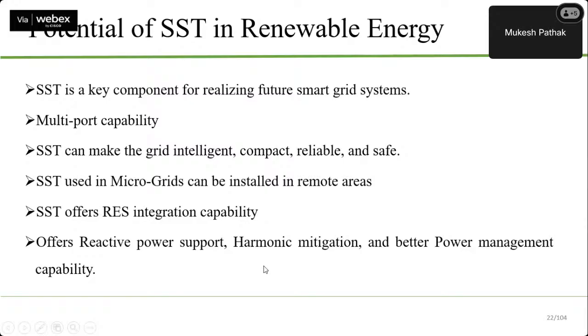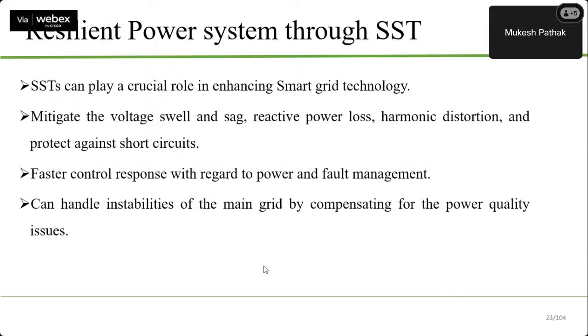Harmonic mitigation: because of power electronic systems, you can mitigate not only the harmonics present in the load supplied by the SST, but you can also mitigate the other harmonics present on the input side. So it can mitigate voltage swells and sags. As I said, it can also improve the power quality and protect against short circuits.